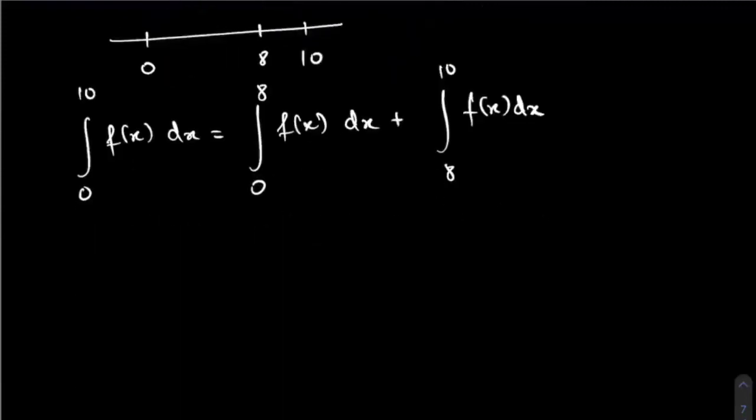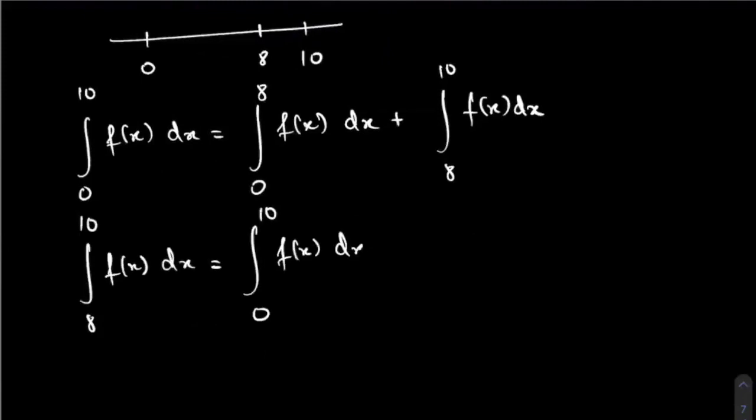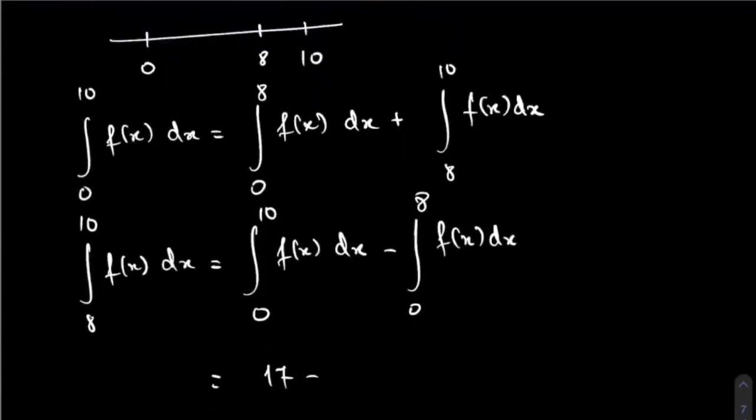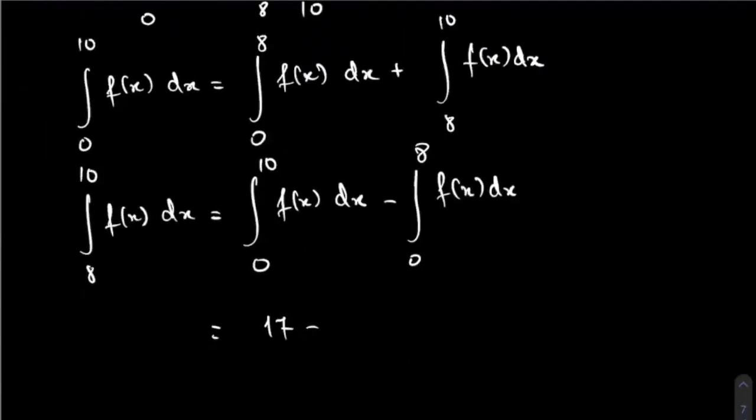So therefore, in order to find the integral from 8 to 10 of f of x dx, you just move things around. This definite integral from 0 to 10 is equal to 17 minus the definite integral from 0 to 8, which is 12. So therefore, the definite integral from 8 to 10 is equal to 5.